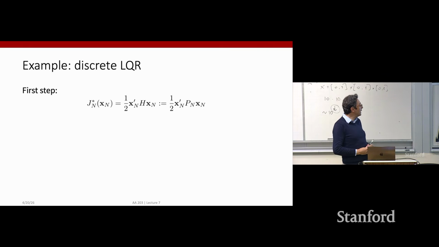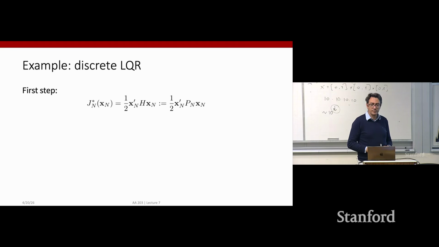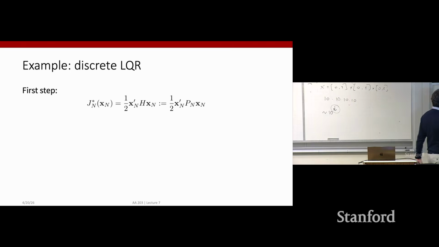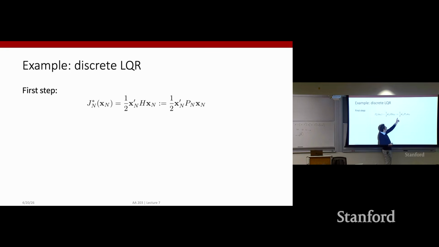So if you're in state x_n, the cost is simply 1/2 x_n transpose H x_n. And also, let me denote this cost as 1/2 x_n transpose P_n x_n. So basically, I'm referring to H as P_n. This will become clear later. For now, just remember.